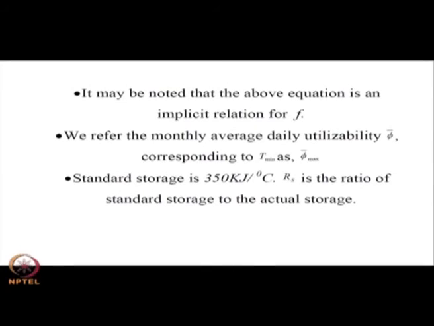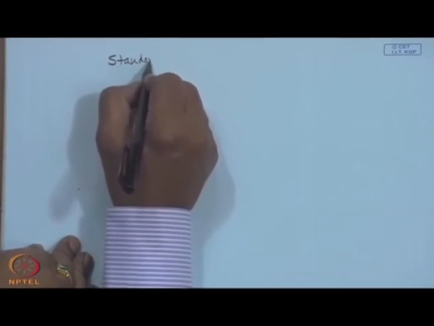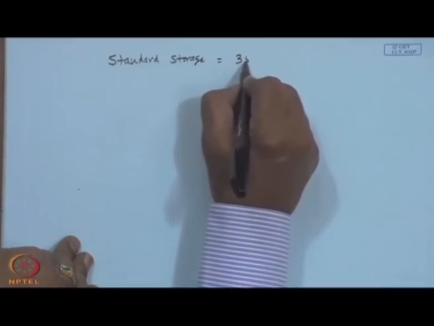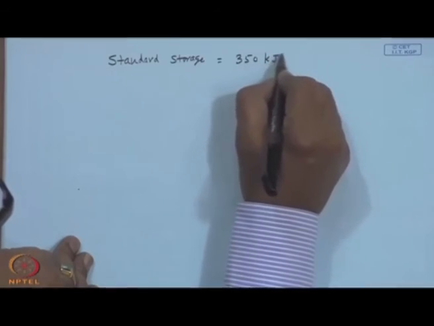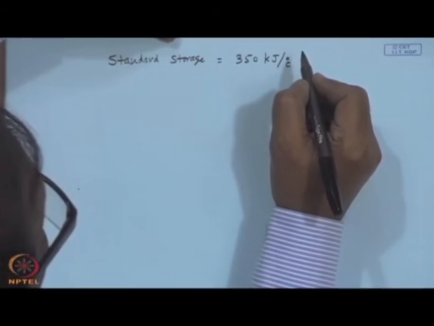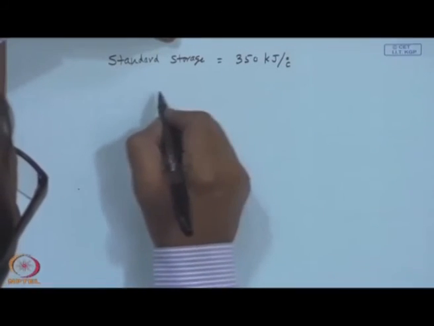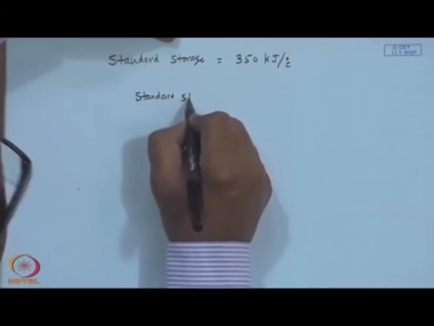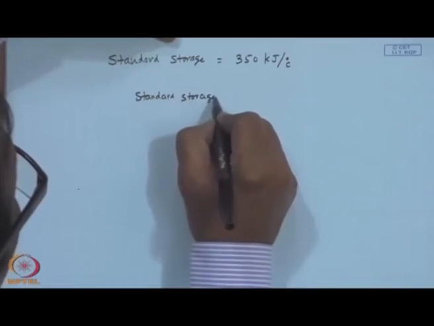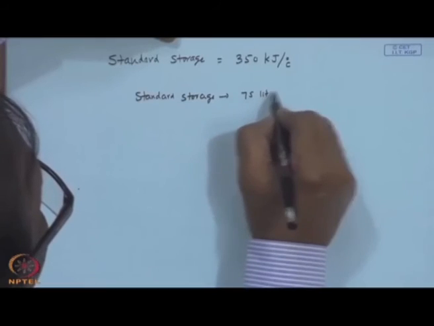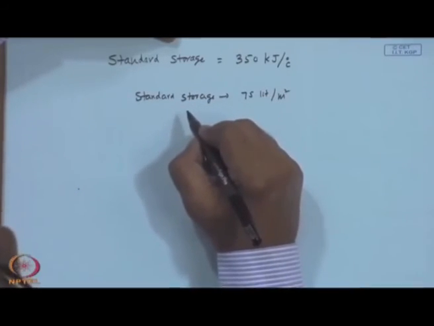So, this is what I have already written over here, and standard storage I should tell you, 350 kilojoules per degree C. Now, in the case of liquid based systems, previously in the case of F chart correlation, standard storage is considered to be 75 liters of water per meter square of the collector area.